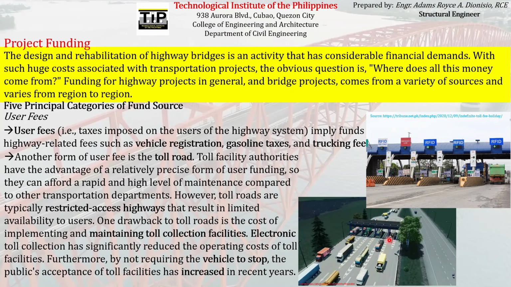the public's acceptance of toll facilities has increased in recent years. So you can see here, this is actually a toll road with a toll collection facility that is already doing electronic toll collection. You can see the vehicles accessing the road. They don't need to stop at the toll gate for the fees to be collected from them.